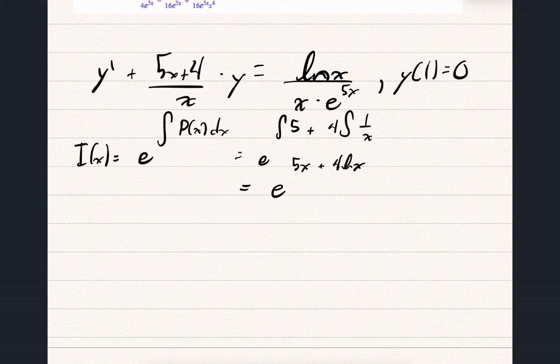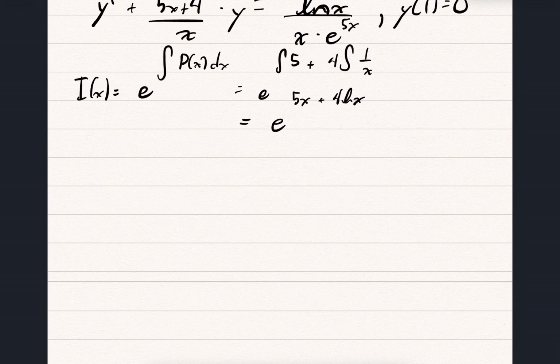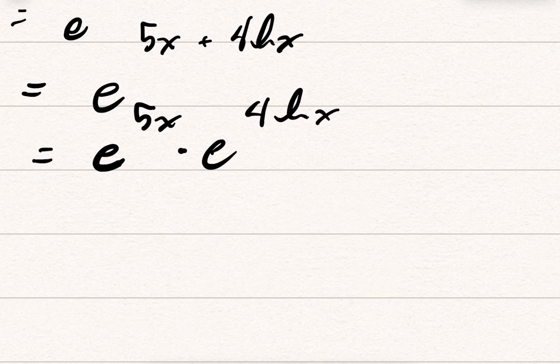Guys, I double checked this with ChatGPT. I double checked this with the integral calculator. When you get anything next to that 4 ln x in the e, and we know this equals, by the exponent rule, times e to the 4 ln x, you see anything that looks remotely like this, you're bringing this 4 right up to that x.